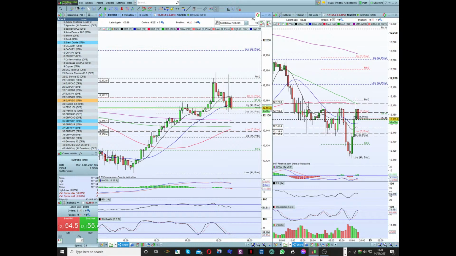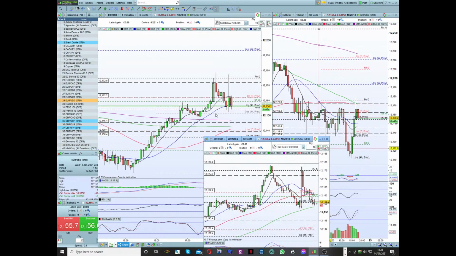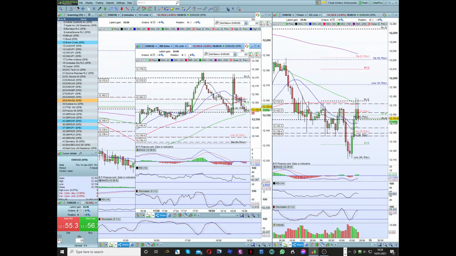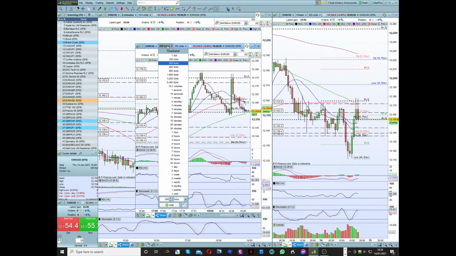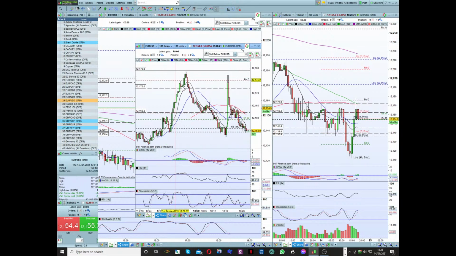But I do go right down onto the 100 ticks, which is probably a bit messy, to be honest with you. I've got 100 ticks. I've got one tick. When I actually started out trading, I used to trade on one tick. Sorry, yeah, 100 ticks.